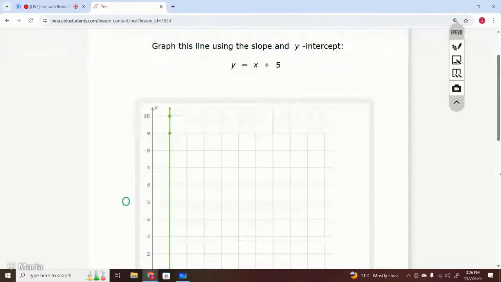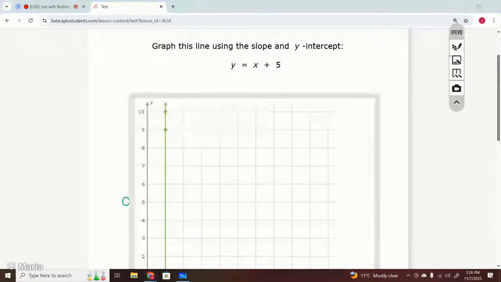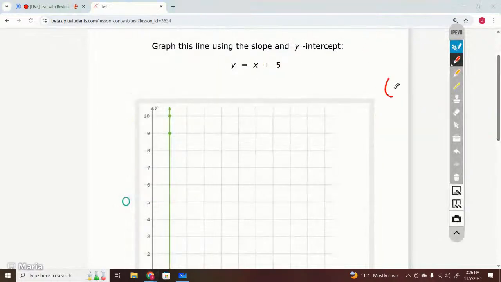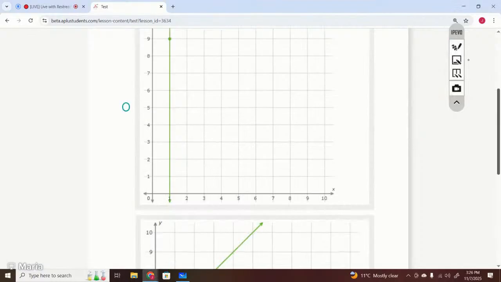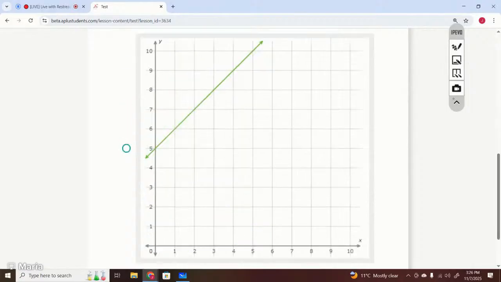So let's just calculate the 2 points. When x is 0, y is 5. When x is 1, y is 6. So use these 2 points and make a line, right? 0, 5 and 1, 6. Look at the graph. We do not have the point 0, 5 on the first one.